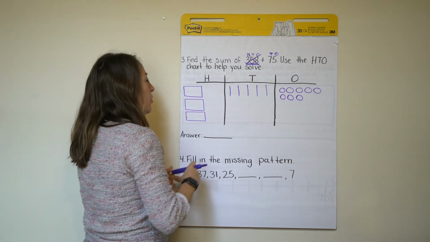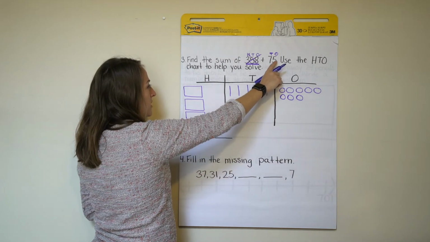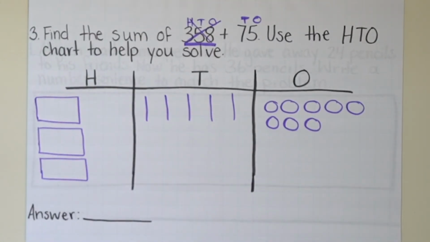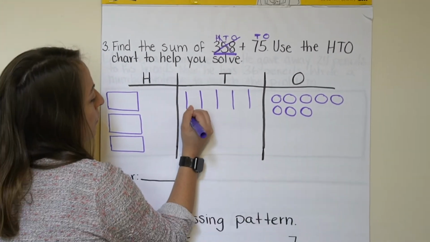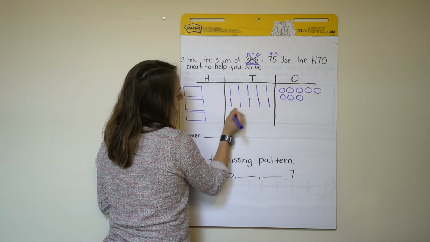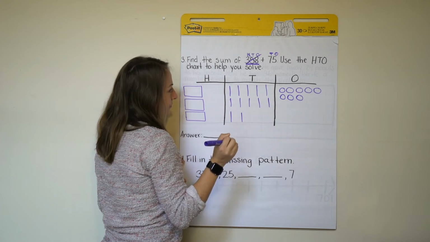Now you're going to show your 7 tens and your 5 ones in your HTO chart. One, 2, 3, 4, 5, 6, 7.